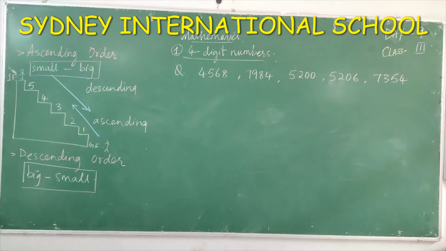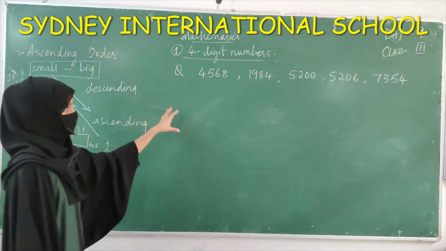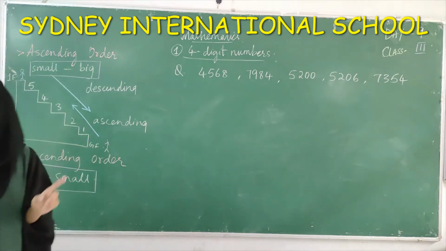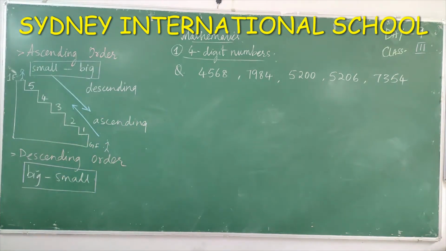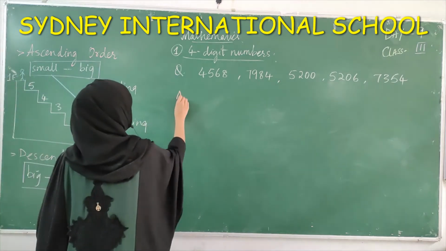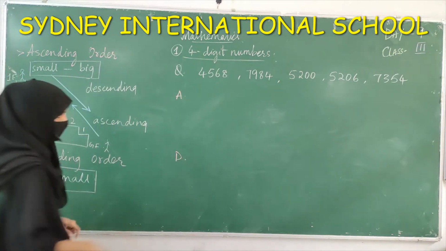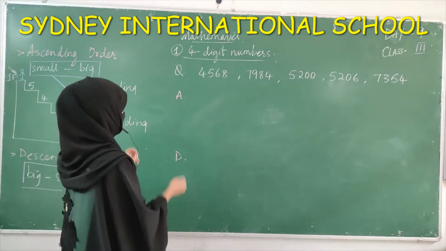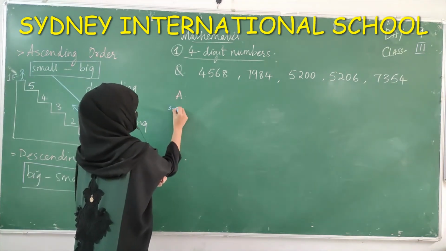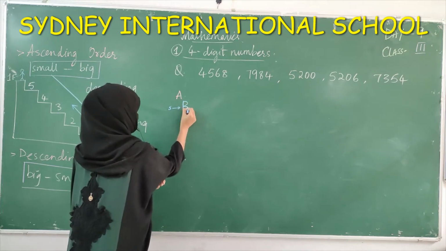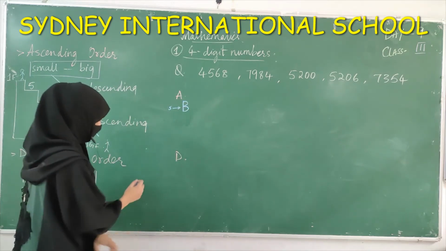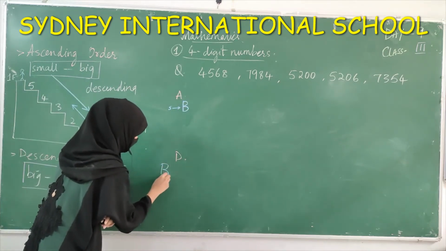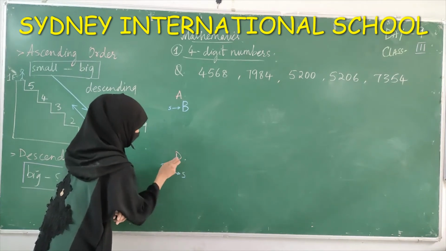Now, in the last video, we learned about comparing numbers. That same technique we will use here for arranging the numbers, first in ascending order and second in descending order. First, we'll go for ascending. Then we'll go for descending. Ascending order is numbers from small to big. And descending order is numbers from big to small.